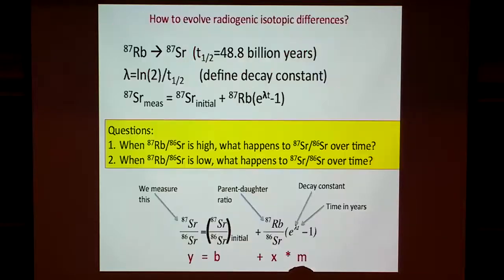So, okay, here's the question. When 87 rubidium over 86 strontium is high in this equation, what happens to the 87-86 strontium ratio over time? It's really easy. A seismologist has to answer this question, because seismologists love equations, even ones that are so simple.